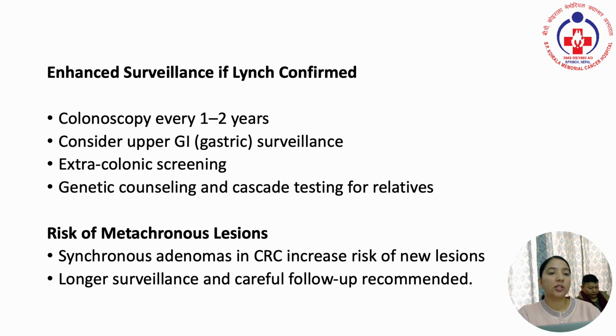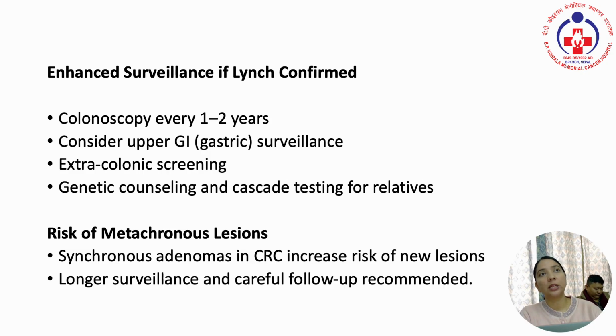And for enhanced surveillance in Lynch, if confirmed by our immunohistochemistry when the final histopathology report comes out, then colonoscopy every 1 to 2 years may be required. Along with that, we should consider upper GI surveillance, upper GI endoscopy in 3 to 5 years, and extracolonic screening, like in females for endometrial carcinoma.